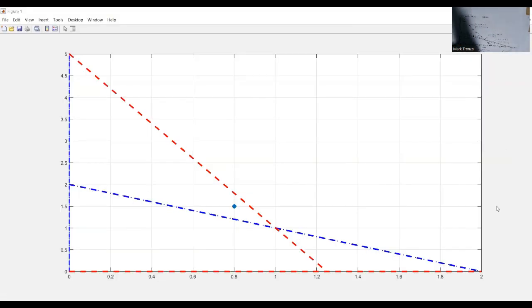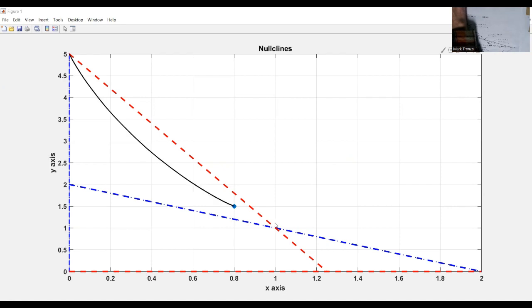So let's take a look at starting at this point right here at 0.8 and 1.5. Now notice we're going to start here and then watch where the solution moves from here. It's not going to move towards this critical point over here because this was an unstable critical point.